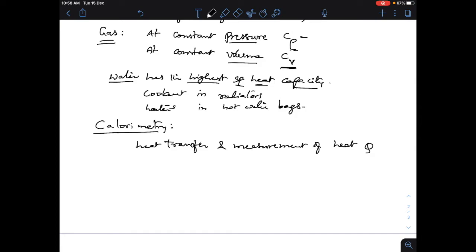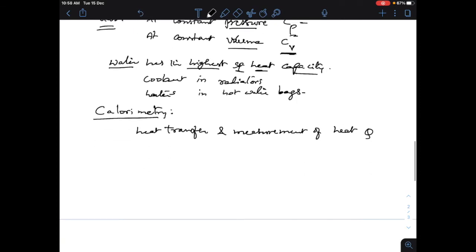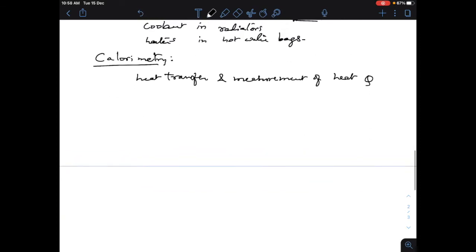We said there is some heat supplied or rejected, Q. We will measure that heat Q, how much is either supplied or rejected, and it is measured in calories or kilocalories.